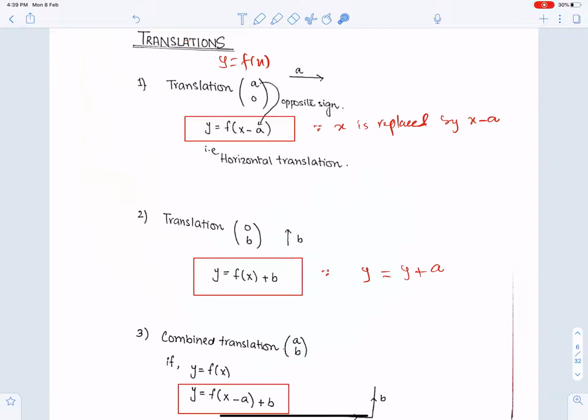So you just need to add b. I'm sorry, I was saying a, it's b. This is b because it's here. So by adding this b here with y, we can get the equation of the image. This y means f of x.